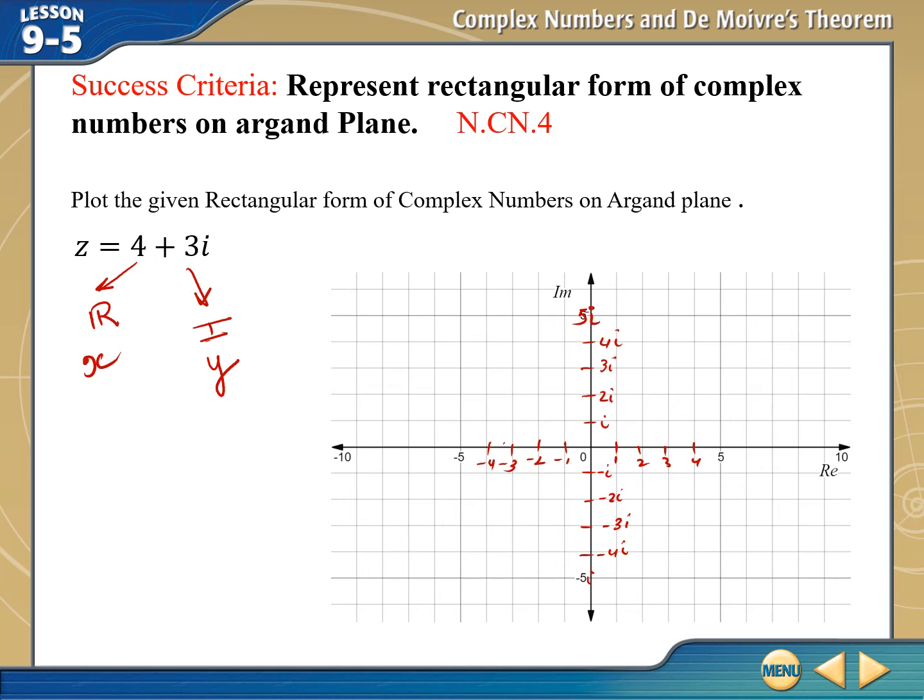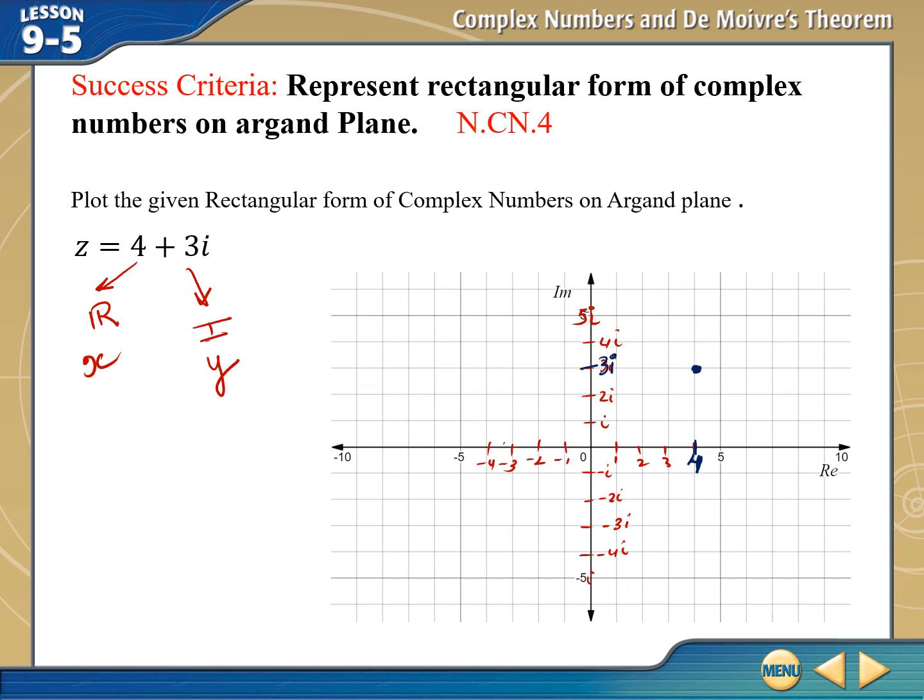Now have a look how can we sketch the graph. So 4 you can see here, this is the 4, on the real part, and 3i here on the top on the y-axis. So you go right 4 and up 3i, just sketch it here. So this is how we show our rectangular form of a complex number.